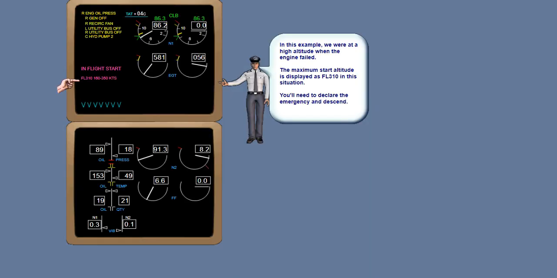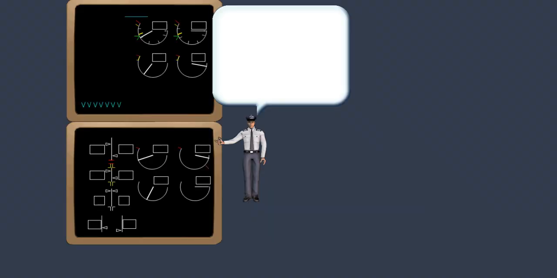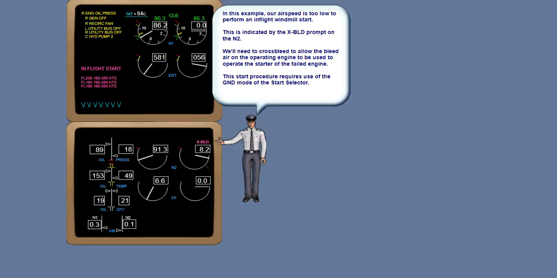Note: if the current flight level is above the maximum start altitude, the maximum start altitude and respective airspeed range are displayed. In addition, if the airspeed is below that recommended for a windmilling start, a crossbleed start indication appears above the N2 indication, and a fuel on command bug is displayed.